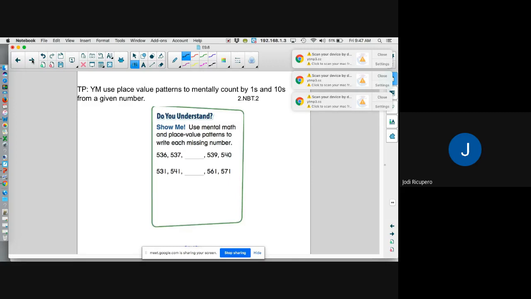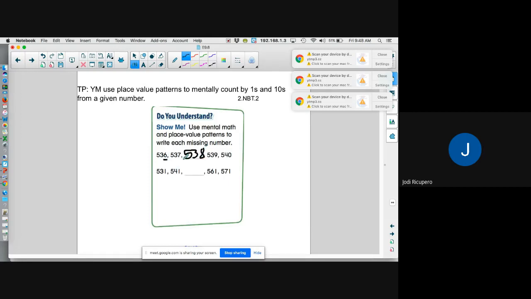Show me. Use mental math and place value patterns to write each missing number. What's going to come next in this pattern? 536, 537, 539, 540. If you said 538, you are correct.